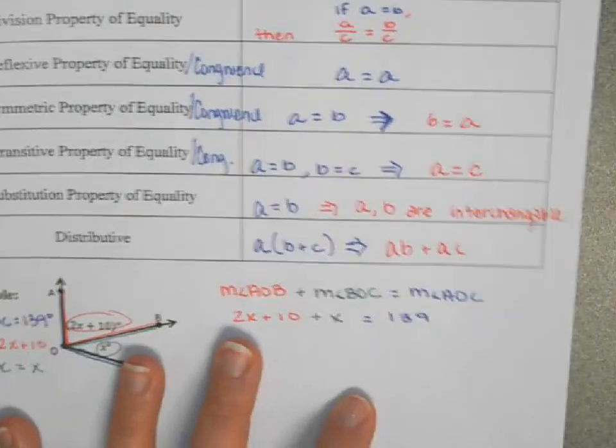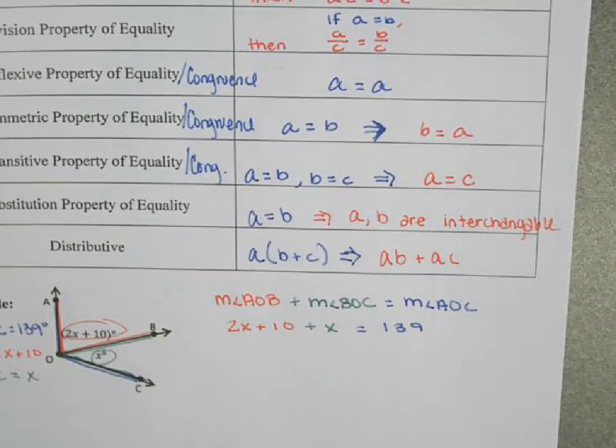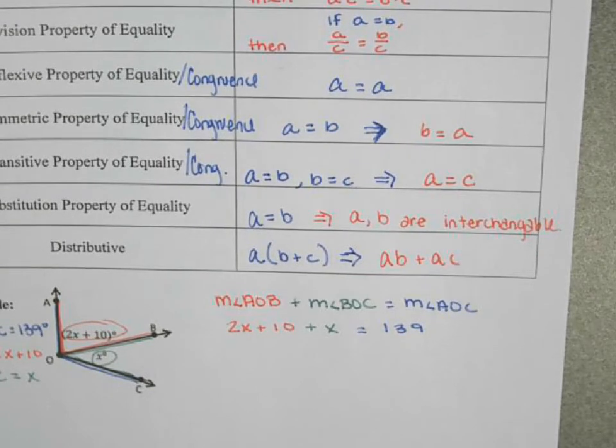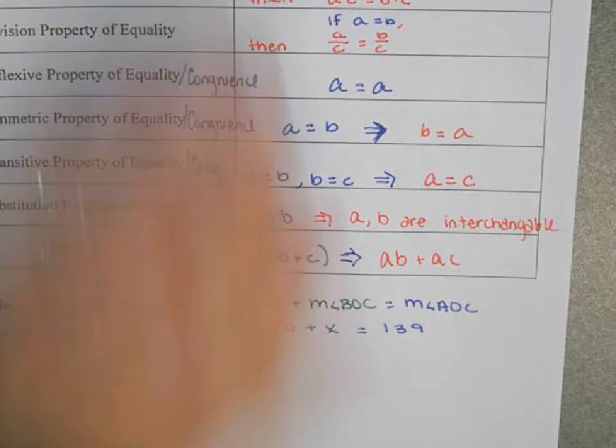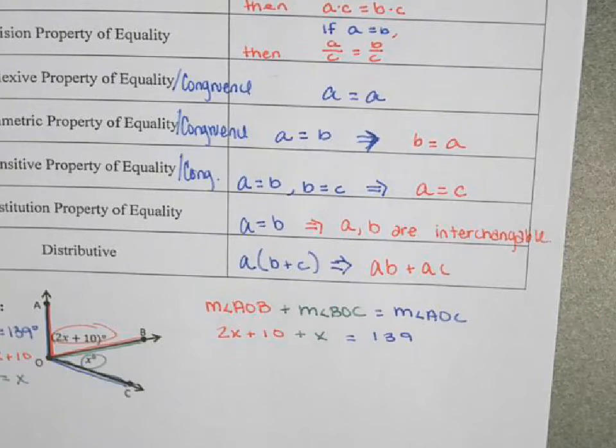What rule allows us to set this up? It's something that has addition in it, but there's a whole name. It's not one of these rules. It's a previous rule that you guys learned in Unit 1. What is it?